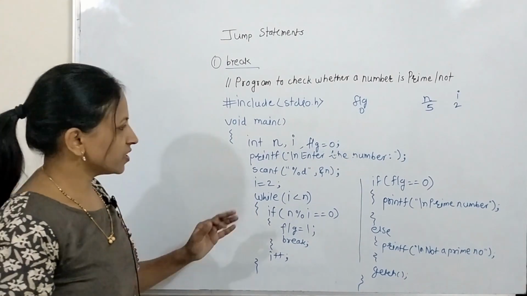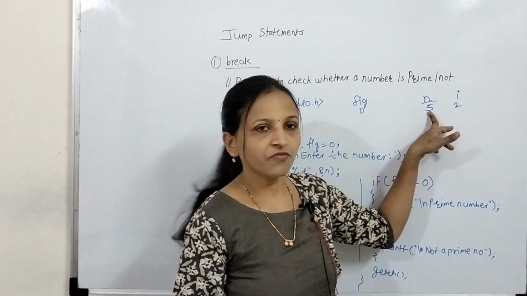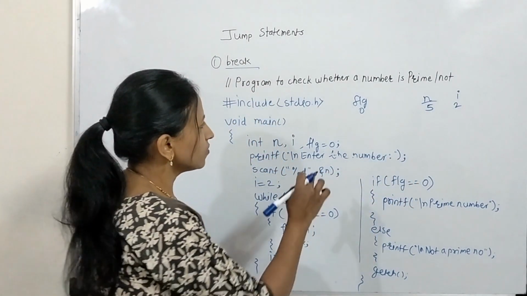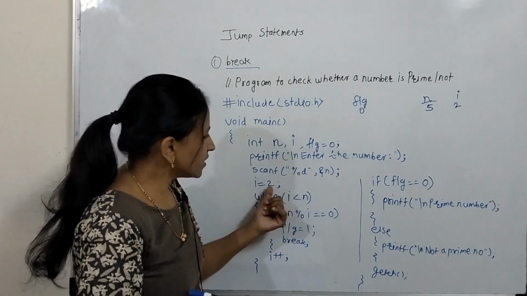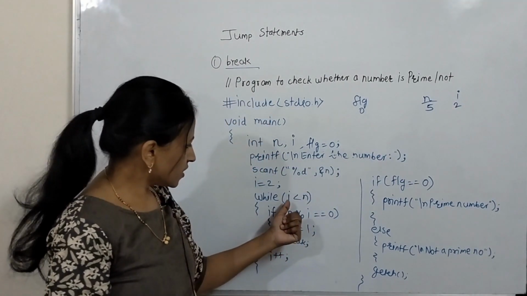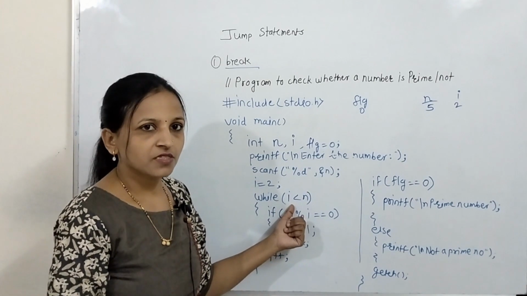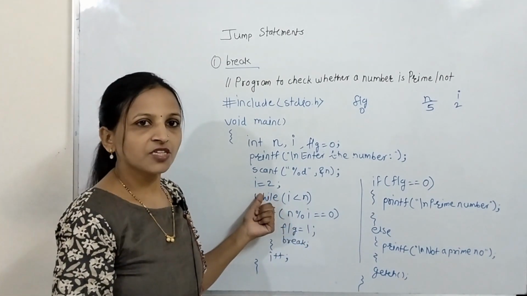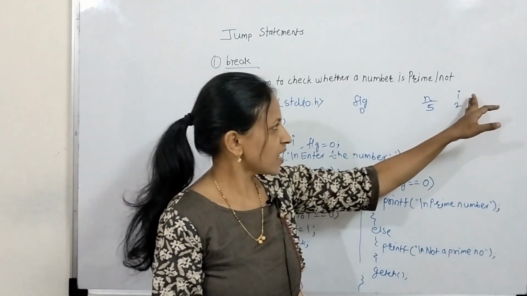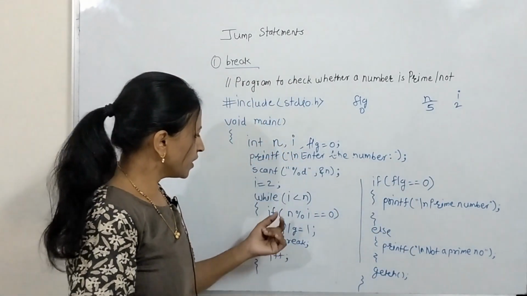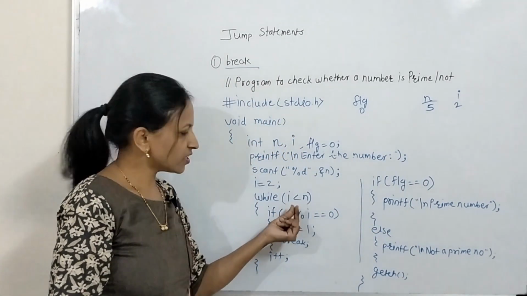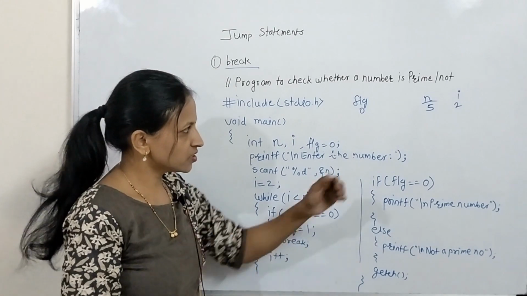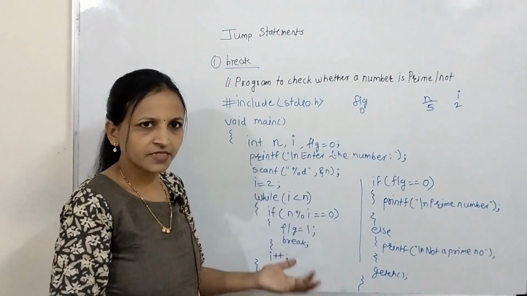Now see here, suppose the user has entered the value of n as 5. Now i is 2 initially, and the initialization expression will get executed first, so i will have the initial value 2. Now this condition will be checked: whether 2 is less than 5. Is it true? Yes, 2 is less than 5.